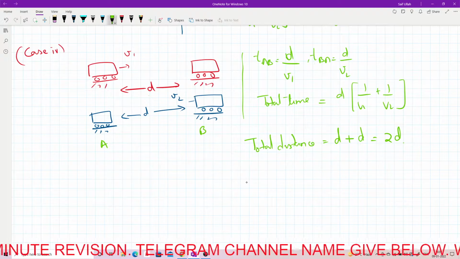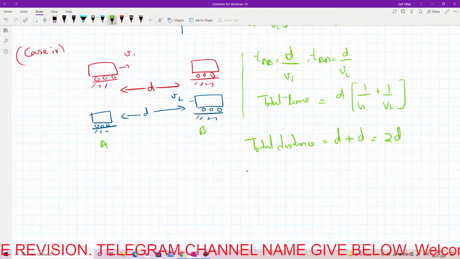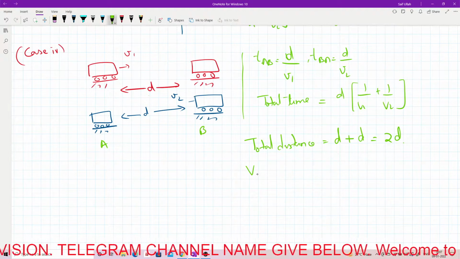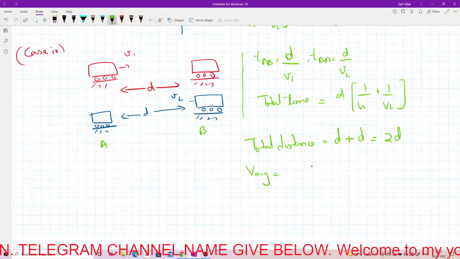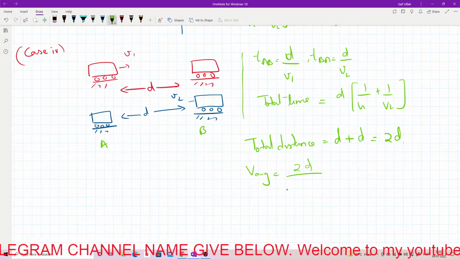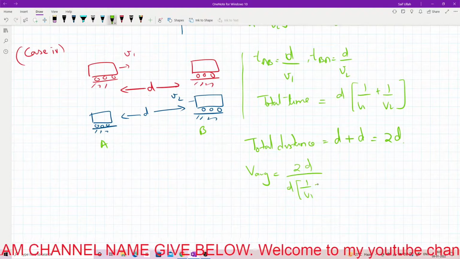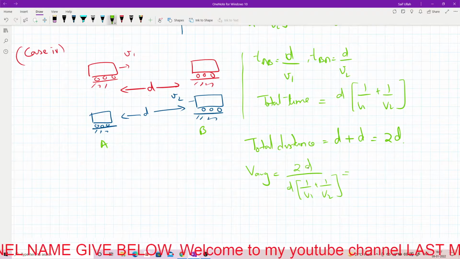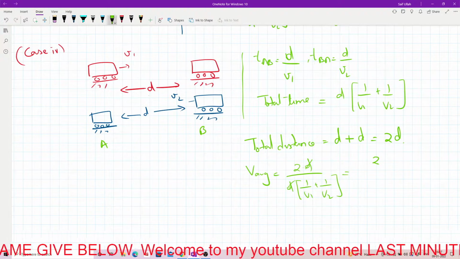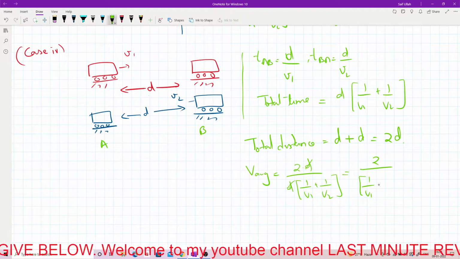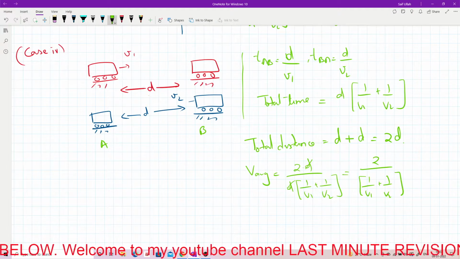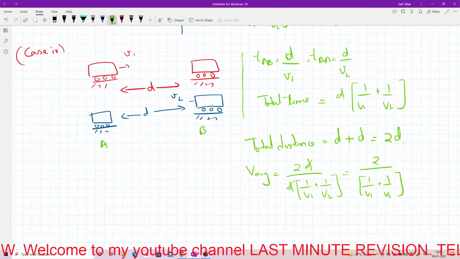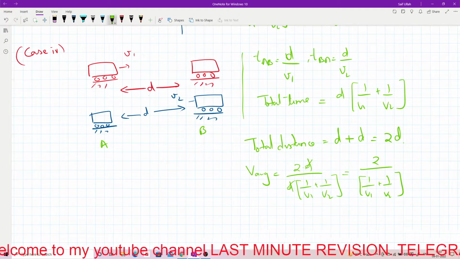Now we have to find the average speed. Total distance 2d by total time, d times (1 by v1 plus 1 by v2). The d will get cancelled. 2 by (1 by v1 plus 1 by v2). Now let us find the average velocity.